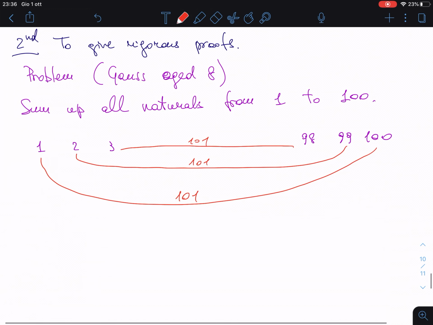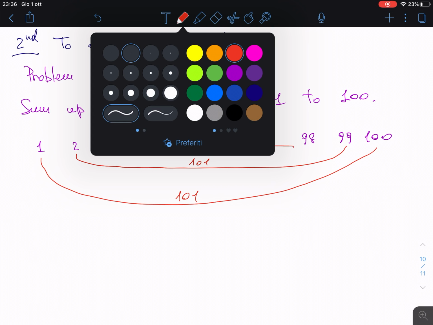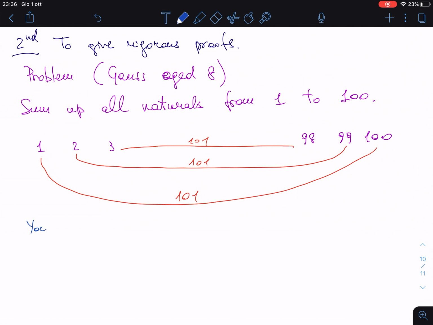So Gauss discovered that you can reorder the numbers from 1 to 100 in couples. How many couples? Of course, they are 50.